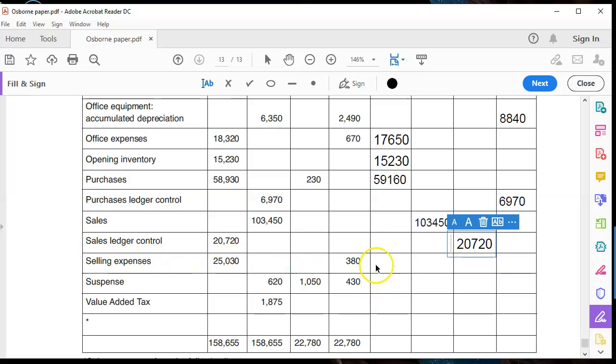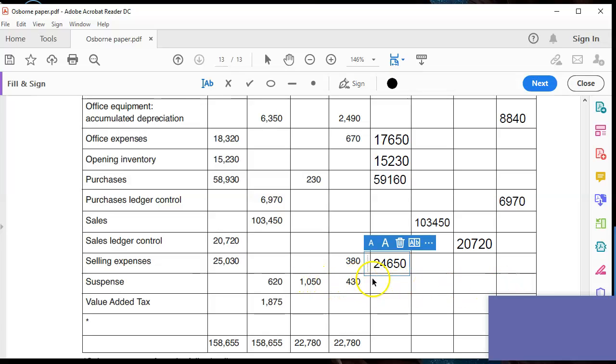Selling expenses is an expense, SPL on the debit. You have one debit and one credit, so see the difference, 25,030 minus 380 is 24,650. Suspense account, you got 620 and 430. If you add them, it is 1,050 on the credit side and 1,050 on the debit side, so that will be 0, so do not enter it anywhere.